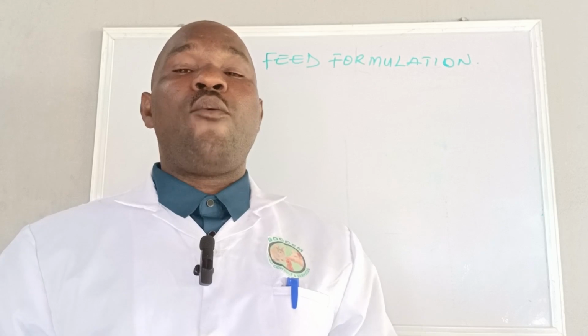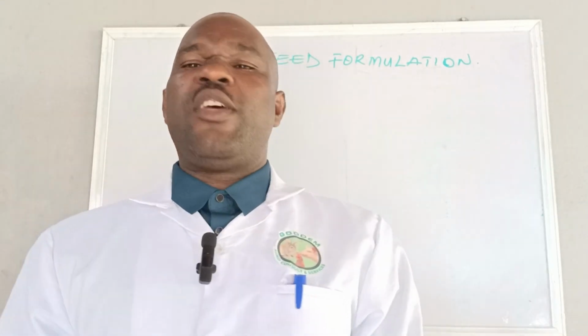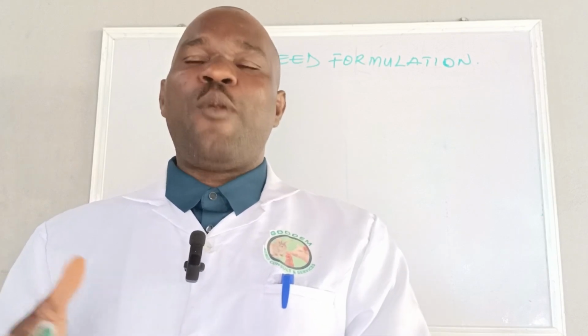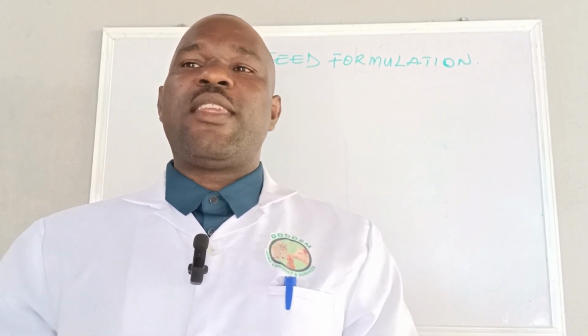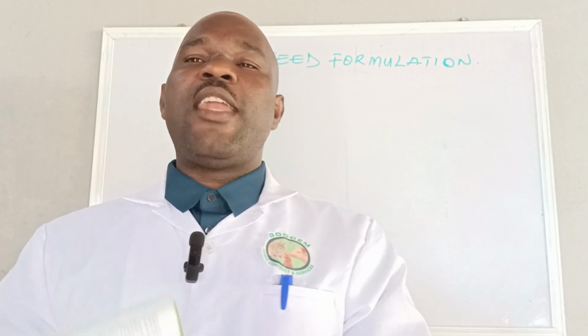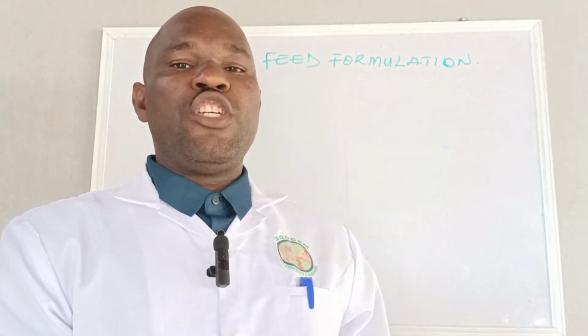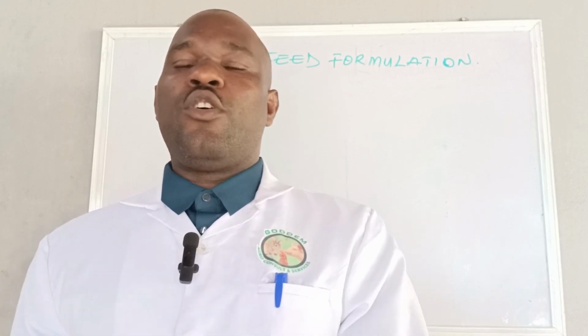All of them are ration balancing. There are mathematical principles you must apply to meet the nutrient requirement of the particular animal, because each animal has its nutrient requirement depending on the age and purpose of production.